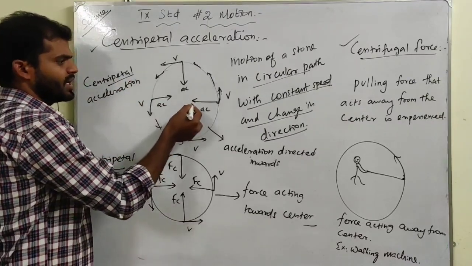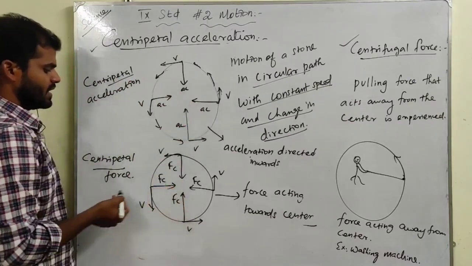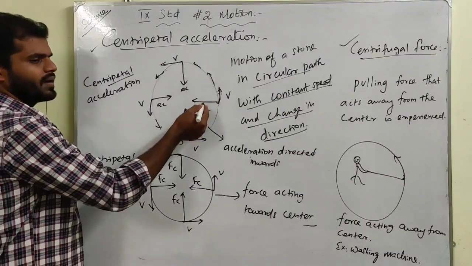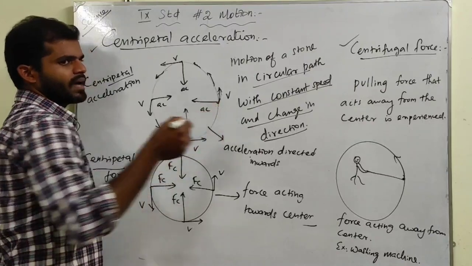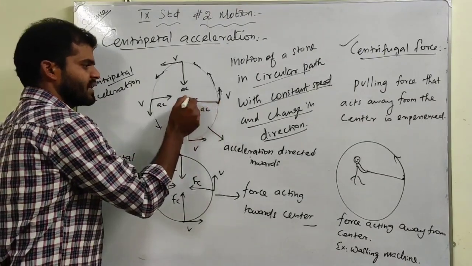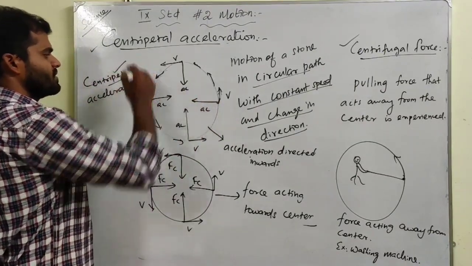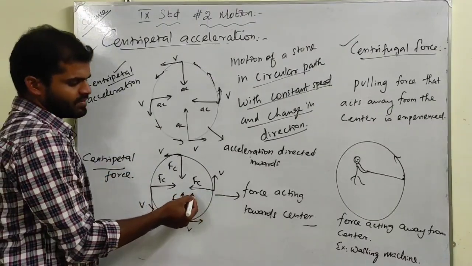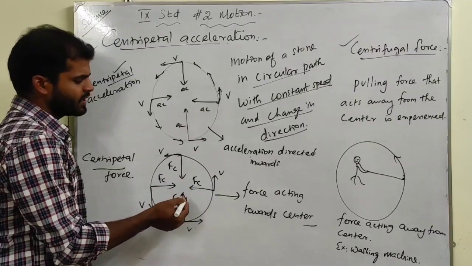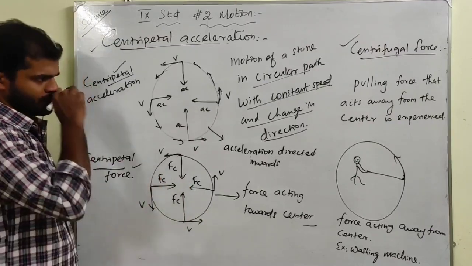So the force which is created by the acceleration is called centripetal force. Centripetal acceleration is nothing but the acceleration which goes towards the center. And when the acceleration comes towards the center, there will be a force created. That force is called centripetal force.